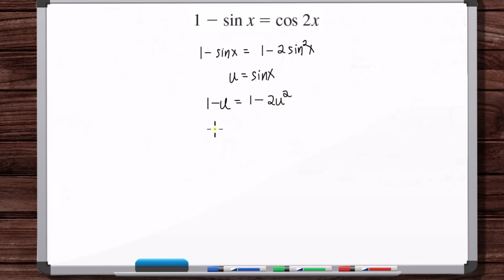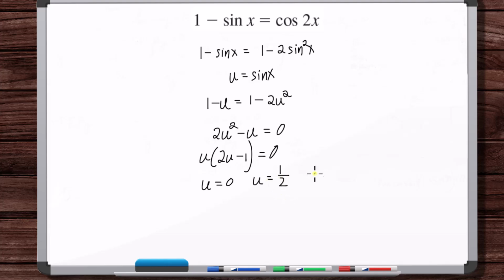Add 2u squared to both sides, and then subtract 1 from both sides, and we're left with this. Factor out a u.